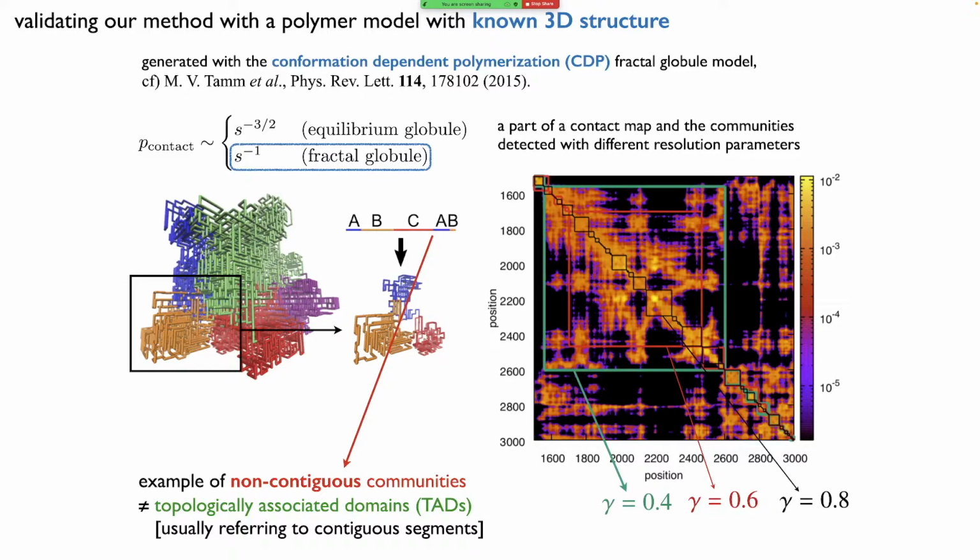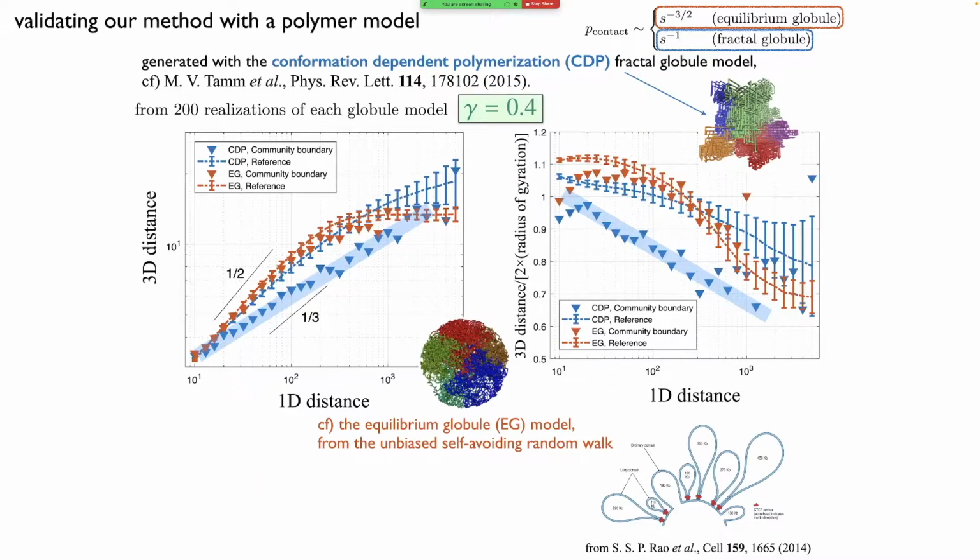The best part of using this kind of model system is, of course, that we actually know the exact detailed 3D structure of this model system. So let's see if our community detection actually successfully finds the compact structure of this model polymer system. The plot on the left shows the 3D distance versus the 1D or sequence distance inside the detected communities. As you can see clearly here, the 3D or Euclidean distance between intra-community node pairs is systematically shorter than the random counterpart.